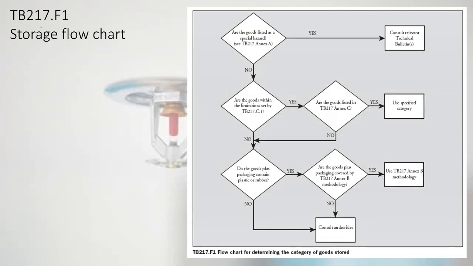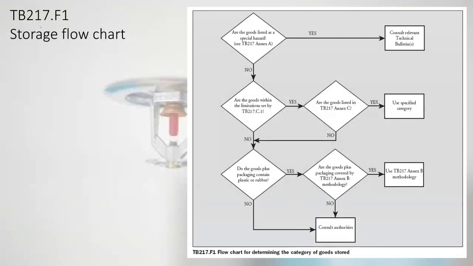If so, you refer to the technical bulletin. If no, are the goods within the limitations set out in table T1? Yes. Are the goods listed in that table? Yes, use that. No. Do the goods plus packaging contain plastic or rubber? No, consult the authorities. If they do, you want to look at Annex B.